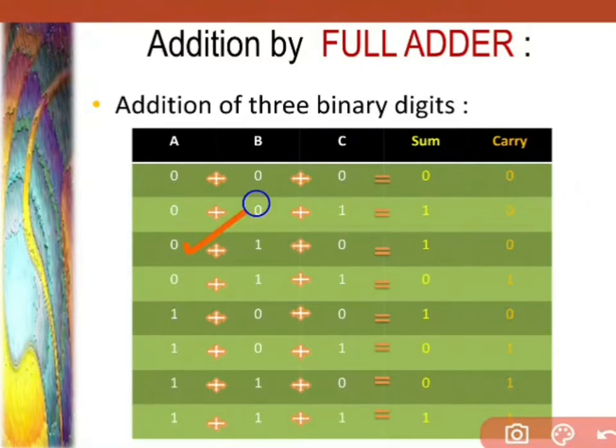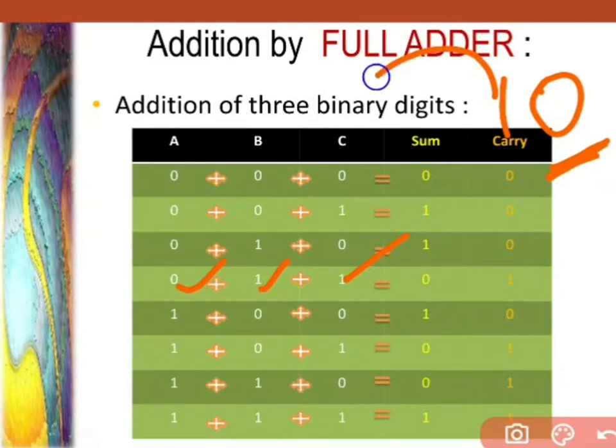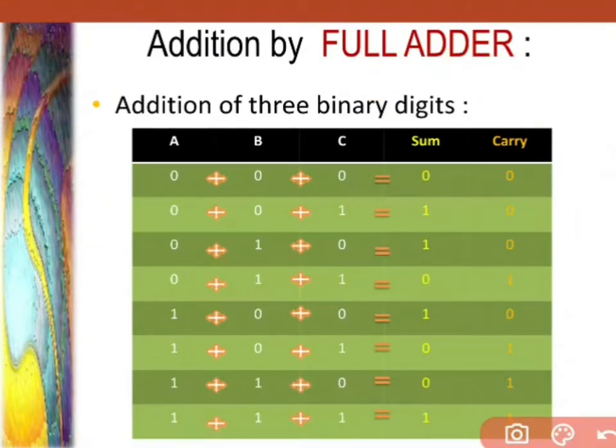When we add 0 plus 1 plus 0, the answer is 1 and carry is 0. 0 plus 1 is 1 and 1 plus 1 is 10, meaning 0 is the answer and 1 is carry.